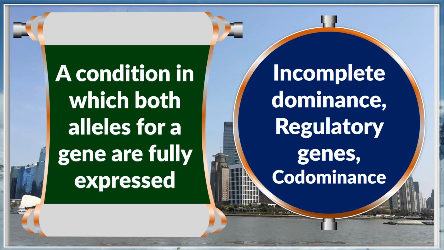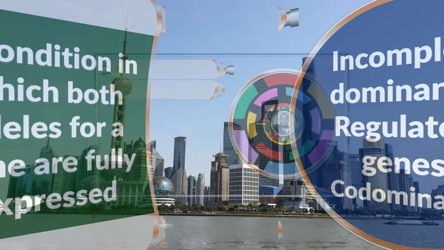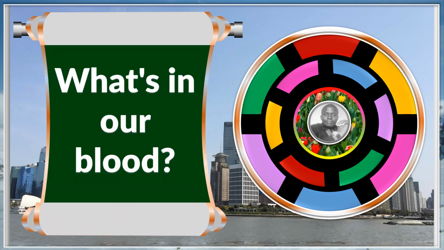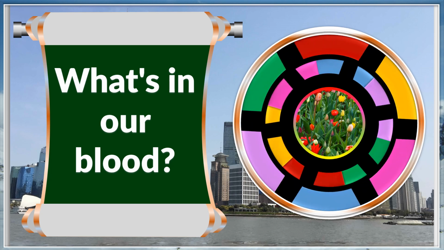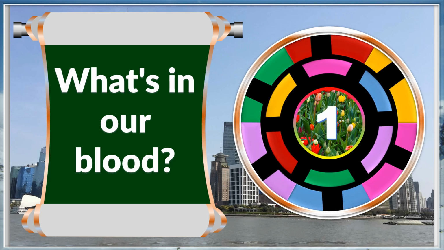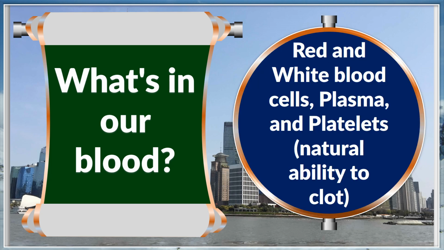Regulatory genes, codominance. What is in our blood? Red and white blood cells, plasma and platelets, natural ability to clot.